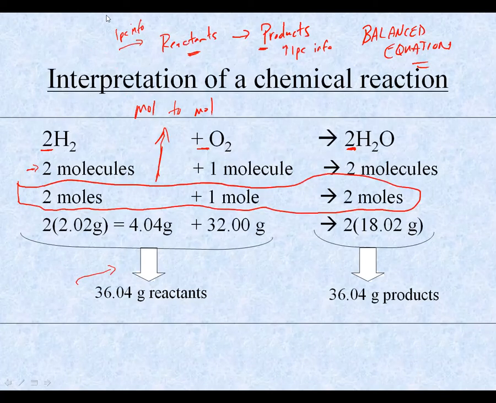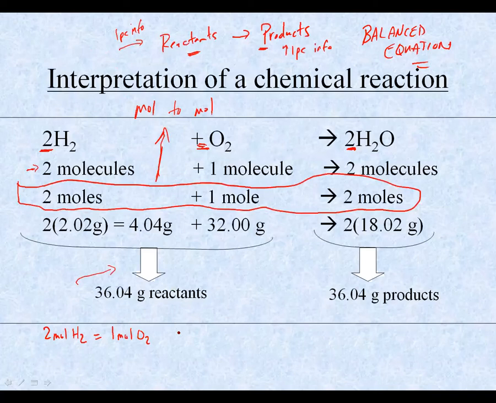So this mole-to-mole relationship is important because it allows us to come up with relationships from the actual equation. And the relationships that we could come up with, for example, for the one that we're looking at, is we could say that there are 2 moles of H2. And for every 2 moles of H2 I throw in there, I need to also throw in there 1 mole of O2. And again, this comes from the coefficients in the balanced equation, not doing any type of calculation, just looking at the balanced equation.